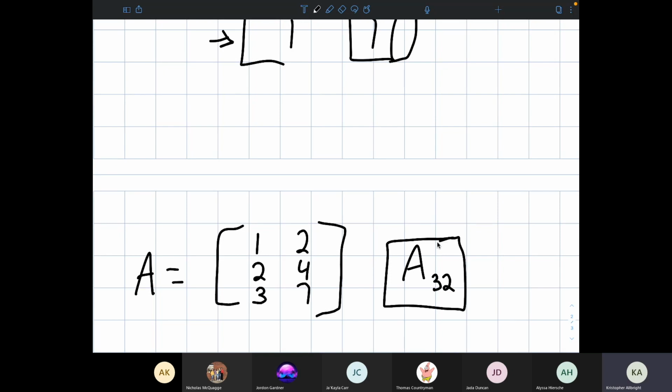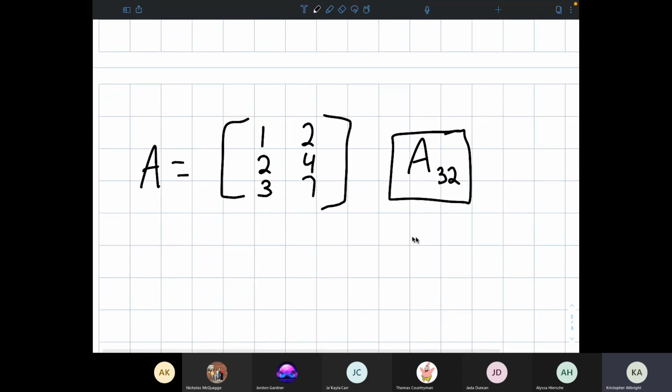So this is called the order, and it kind of gives you an idea of how many elements are in there and what it looks like. Or sometimes this is written just as a 3 by 2 matrix. So if you're looking for order, it may be written like this, it may be written like this. Either one is correct, and they both represent the same information.